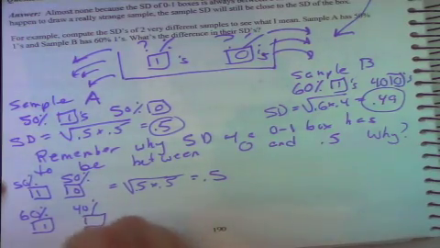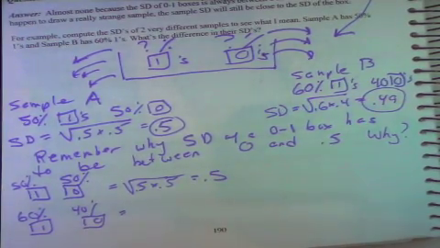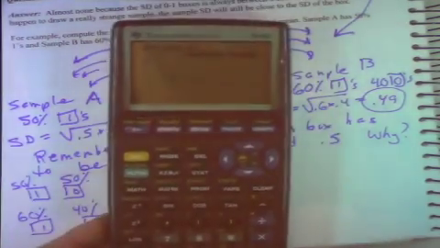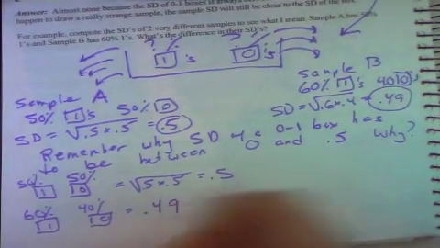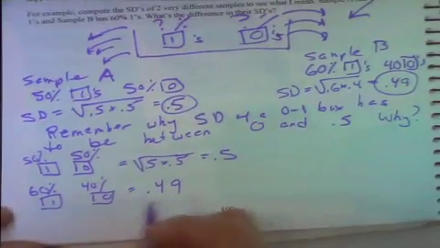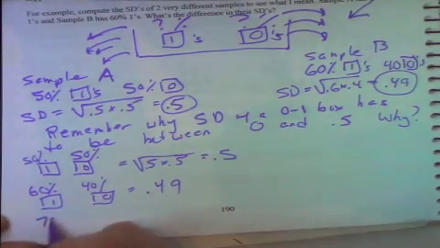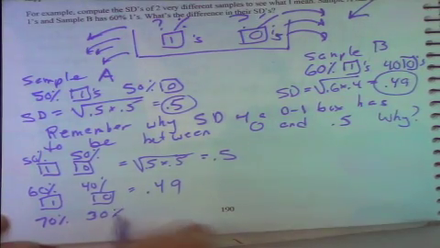All right, so now let's go to a 60-40 split, which we just did. I should do it on a calculator. So we have 0.6 times 0.4. What do I get? Okay, almost 0.49. All right, and now let's do, I don't know, 70%, 30%. We'll keep going.